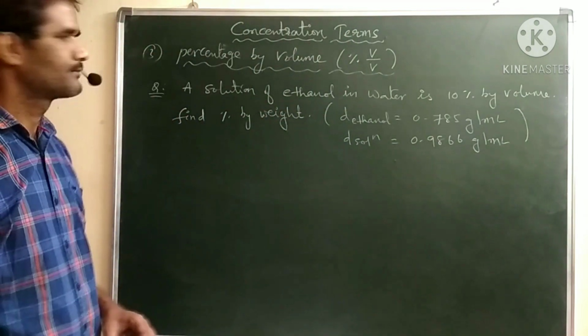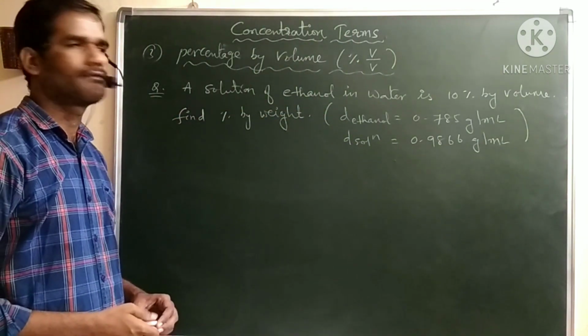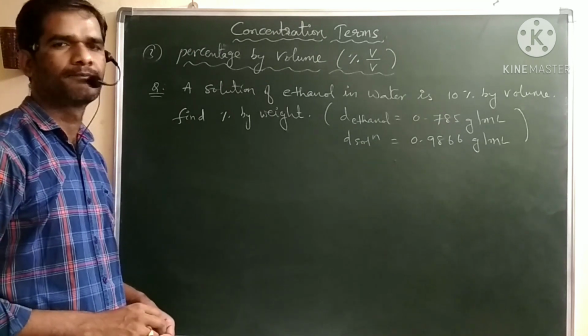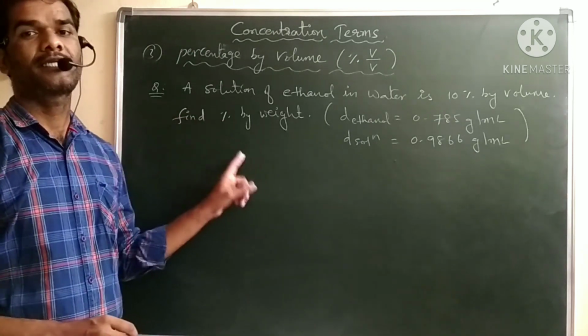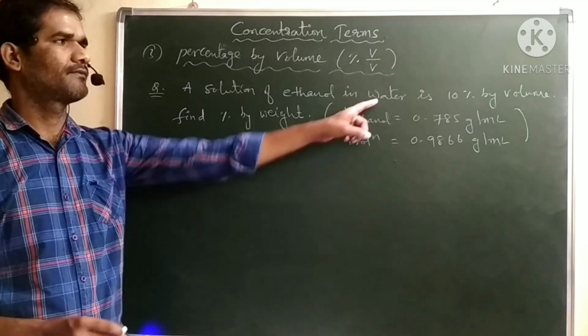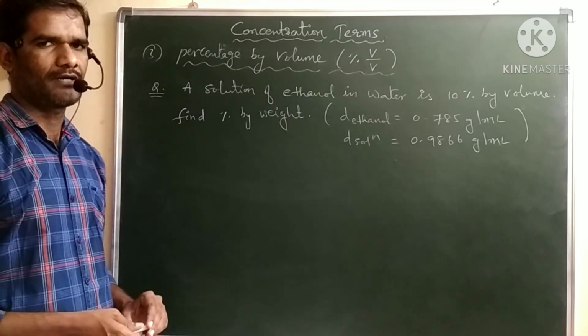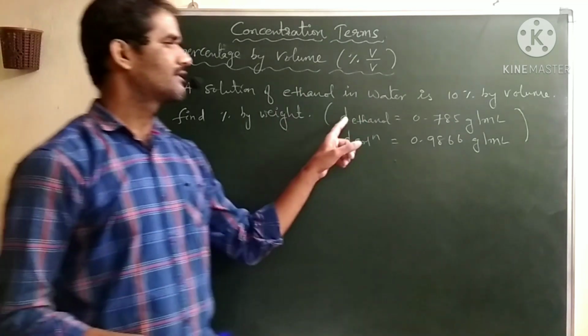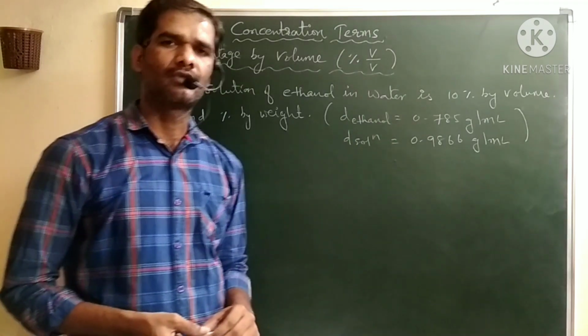So this is the data. Here a solution of ethanol in water is 10% by volume. Then what is the percentage by weight? Percentage by volume is given, percentage by weight we have to calculate. Apart from that, they give the density of ethanol and density of solution.